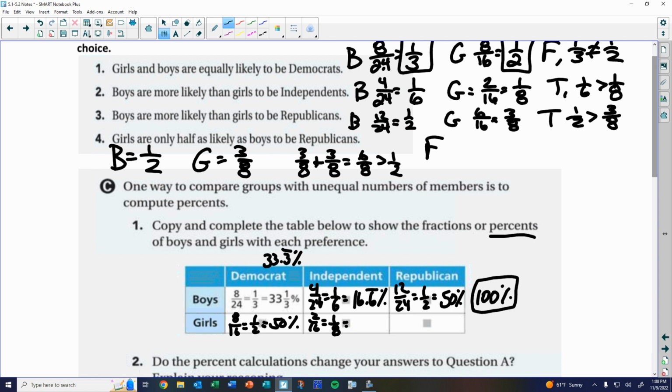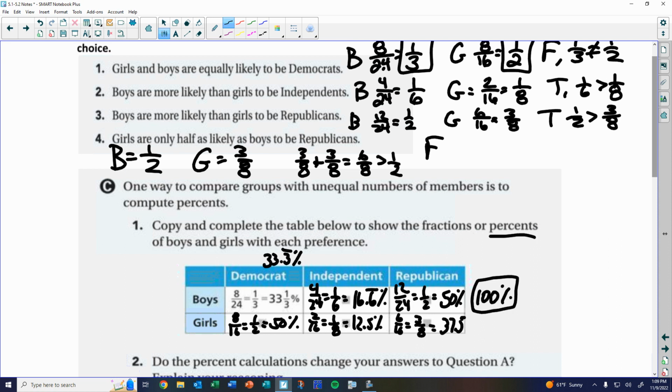What is 1/8 as a percent? It's got to be a percent, not a decimal. Just round it to the nearest tenth, like we've been doing with the other ones. 12.5. Okay. And then the Republicans were 6 out of 16, which reduced to 3/8. And what is that as a percentage? 37.5%.